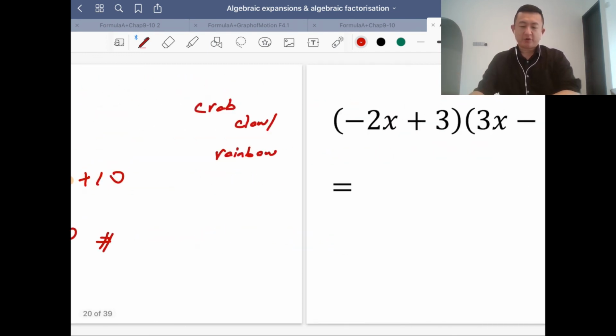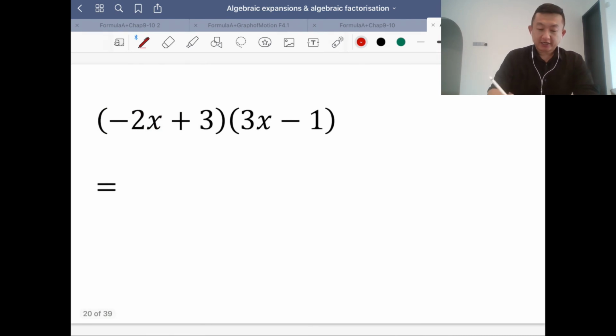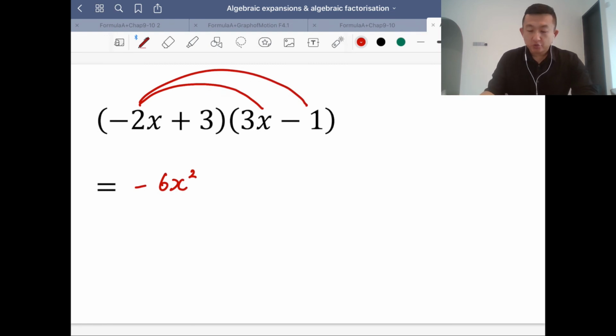We try one more. I give you one more example. Okay, the first one, multiply this one. What do you have? Negative 6x squared, followed by negative 2x and negative 1. So be careful on that. You have plus 2x, right? Oh, I'm sorry.